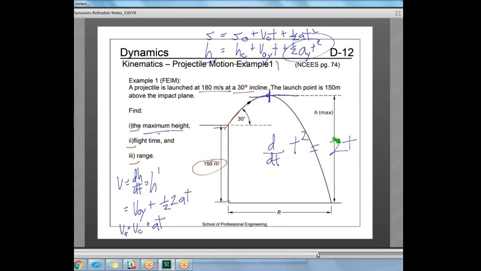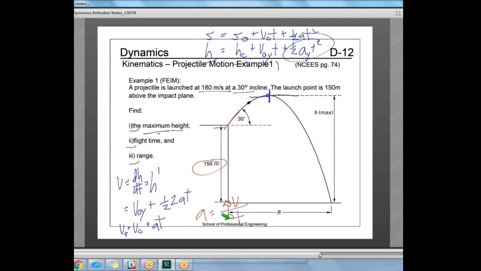The derivative with respect to time of t squared equals 2t. So that's where I got the 2, and that's why it's not squared anymore. Right? So my 1/2 at squared has a derivative of at.